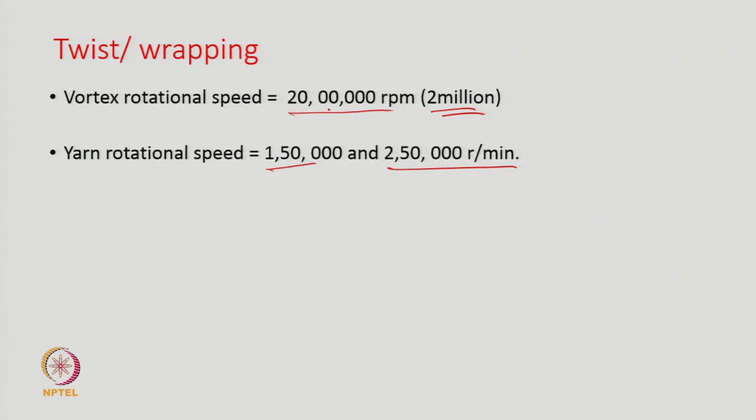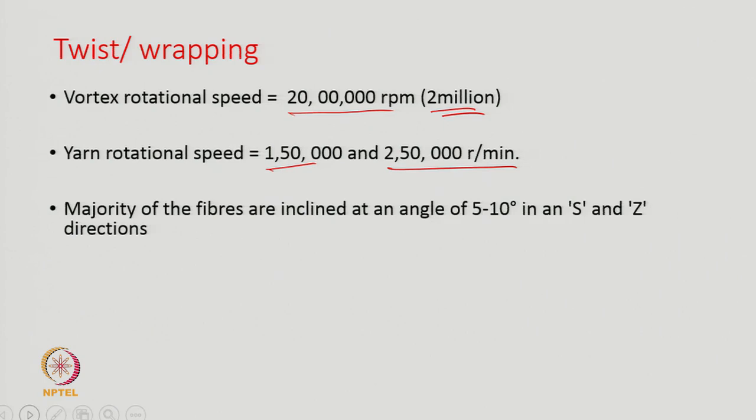So, there is a huge drop between vortex speed and the yarn speed. So, yarn speed is hardly 10% of the vortex speed. Majority of the fibers are inclined at 5 to 10 degrees in S and Z directions.